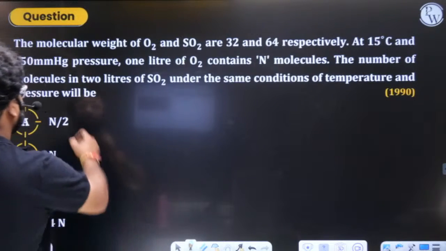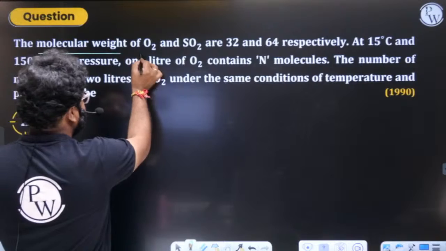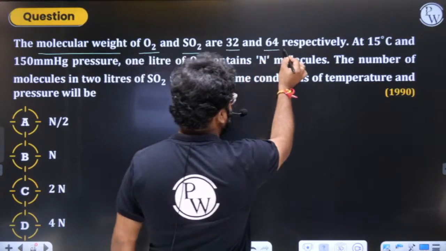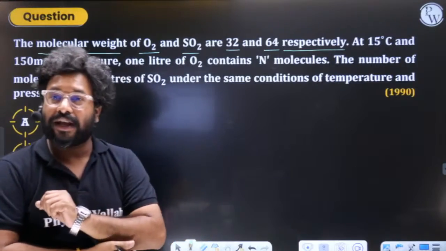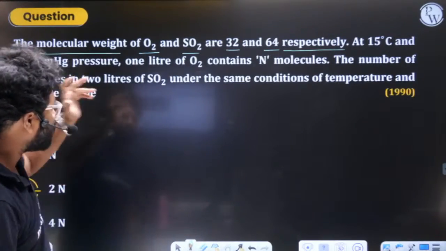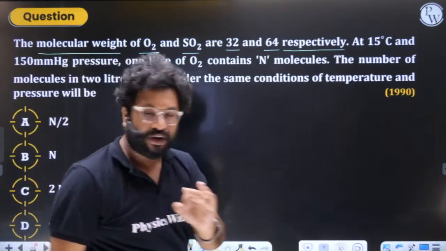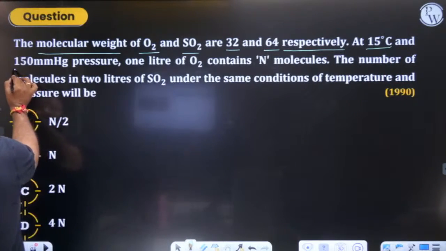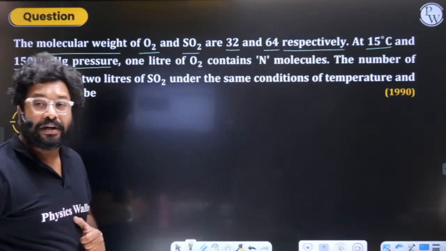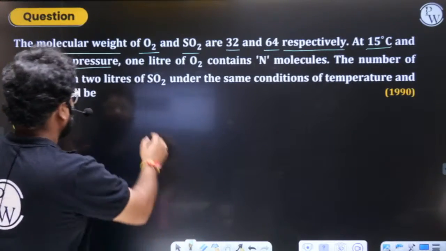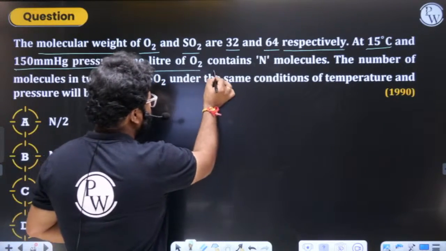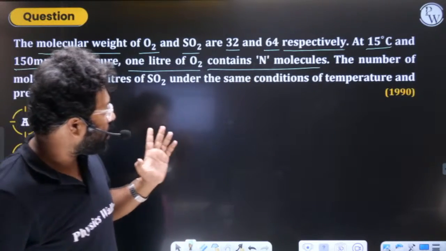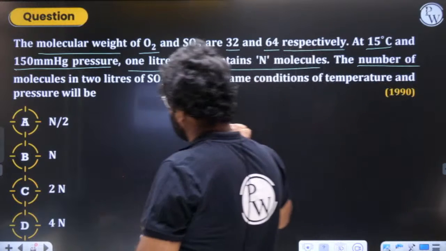Now, what is this question? The molecular weights of O2 and SO2 are 32 and 64 respectively. At 15 degrees Celsius and 150 mm of mercury pressure, 1 liter of O2 contains n molecules.